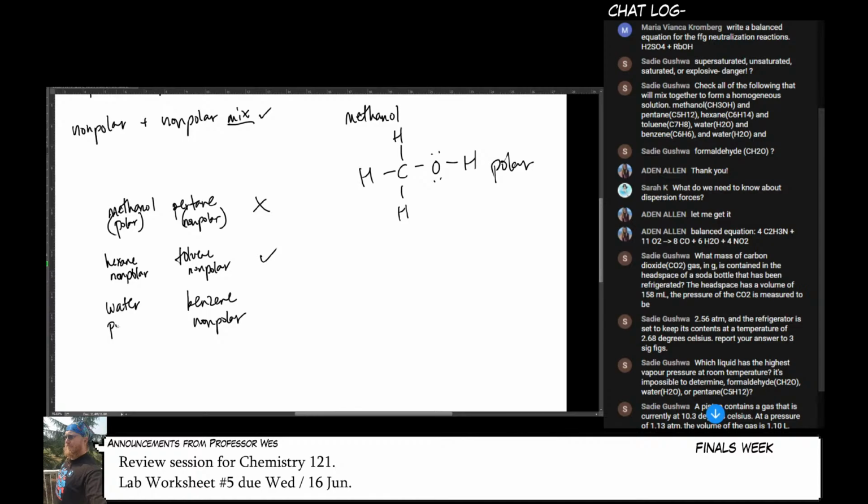Water's definitely polar. Won't make a solution. But water and formaldehyde, water is definitely polar. If you don't know what formaldehyde is, draw its Lewis structure or look it up online, right? This is very clearly polar in this direction. And so they will form a solution.